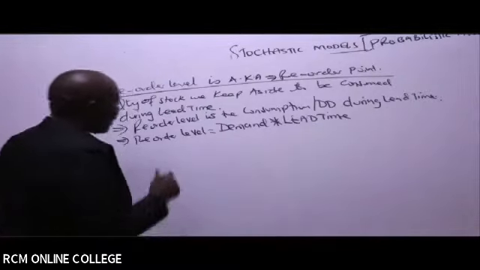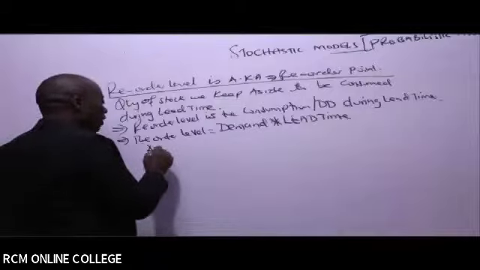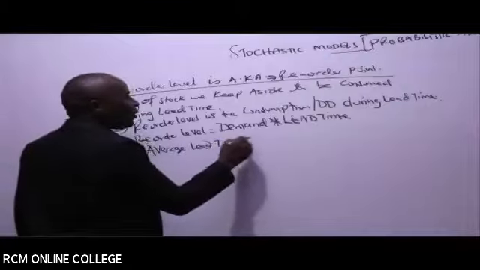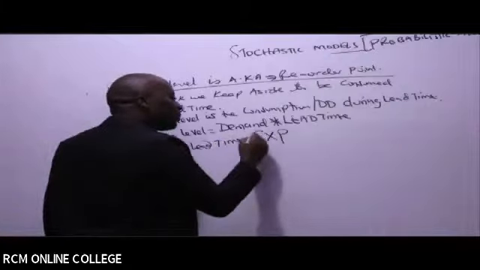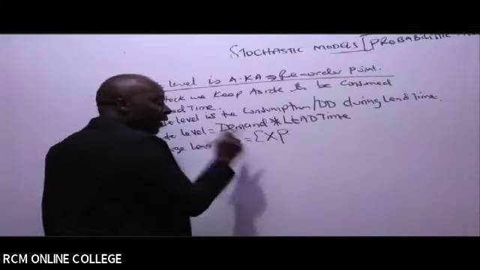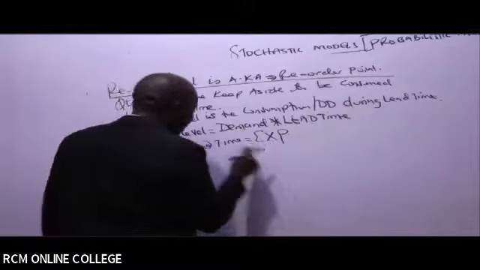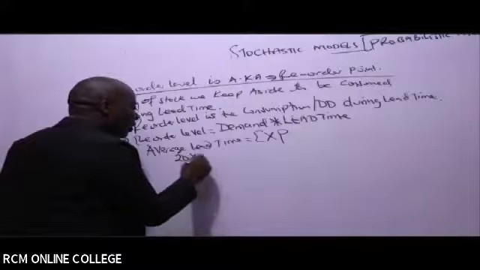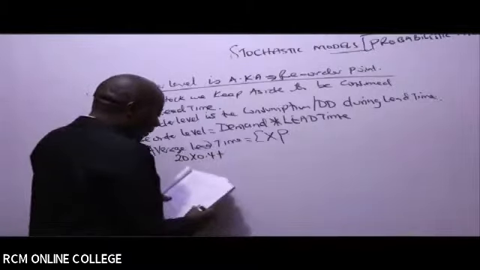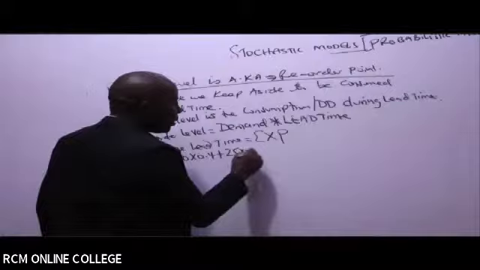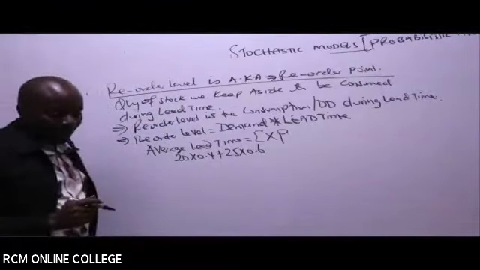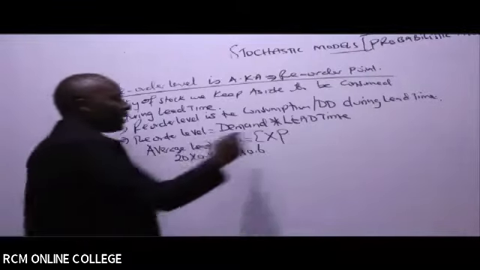So the average lead time, because it's probabilistic, is the summation of X times probabilities. It will be 20 times 0.4 plus 25 times 0.6. Can somebody give me this average lead time? I'm being given 23 days.